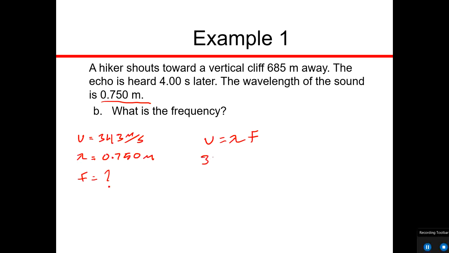So we have our velocity is 343 times our wavelength, 0.750 f. So dividing 343 by 0.75, we get a frequency of 457 hertz. Remember, a hertz is a unit of 1 over a second.